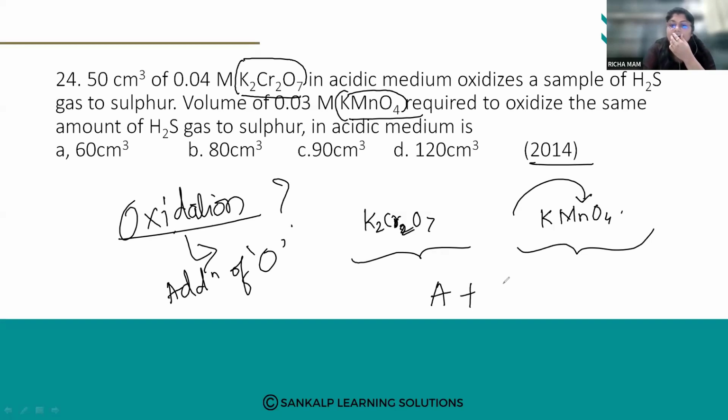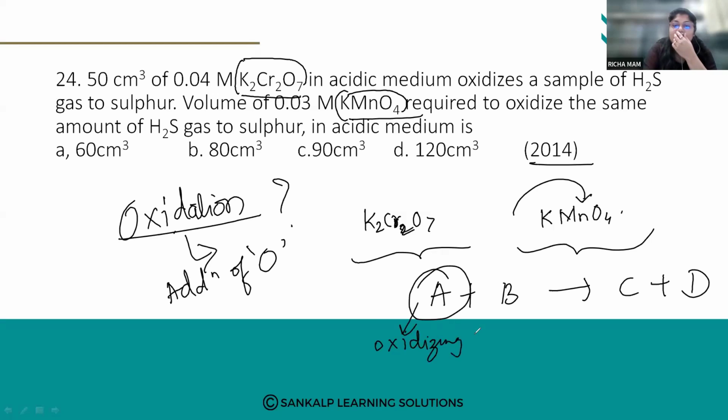Suppose A plus B gives C plus D. A is an oxidizing agent, so it will oxidize other, with addition of oxygen, and it will undergo reduction.